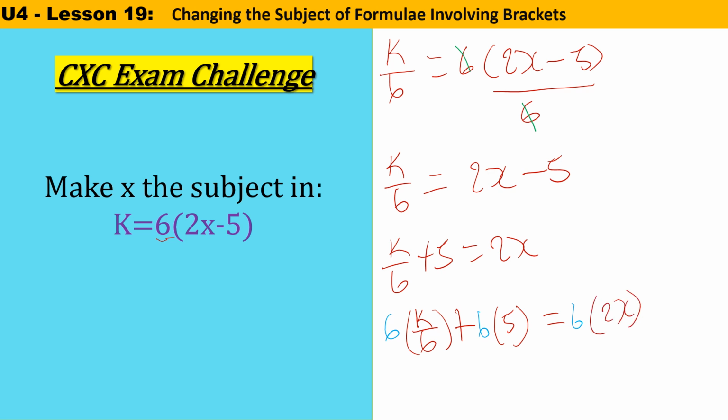And from here we cancel out and we are left with k plus 6 fives 30 equal 6 twos 12x.